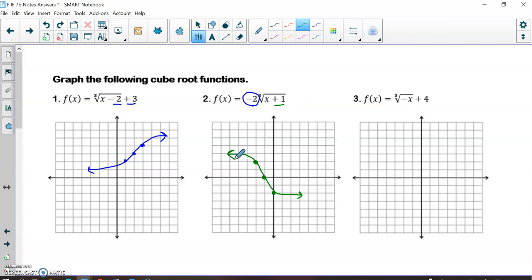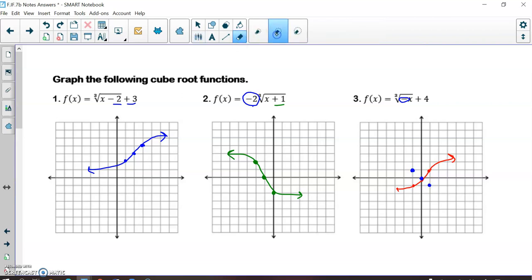All right, and then the next one here, drawing in my parent function. We're first going to do the reflection over the y-axis. So 0, 0 stays, but this point moves here, and the other point moves here.